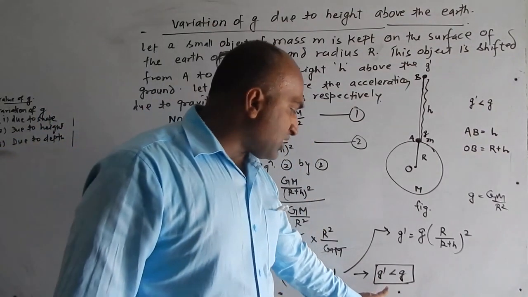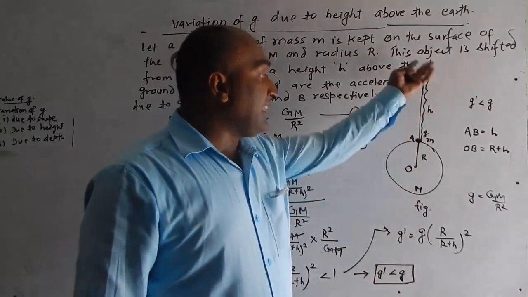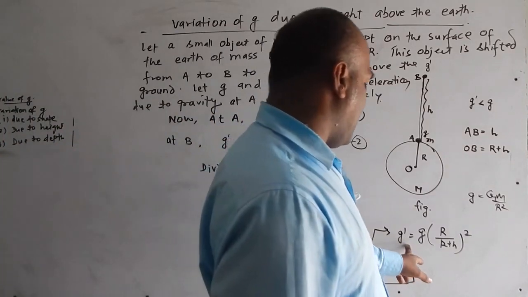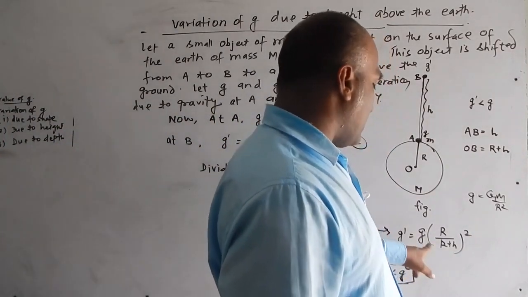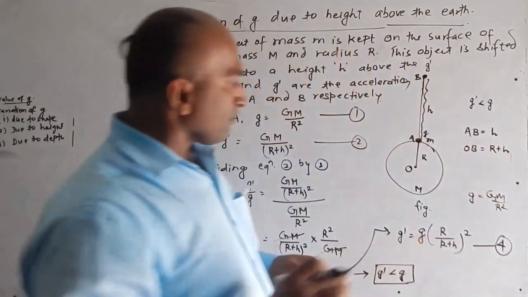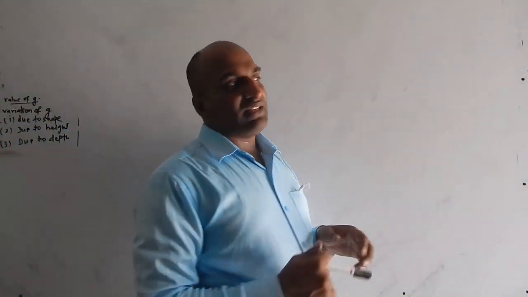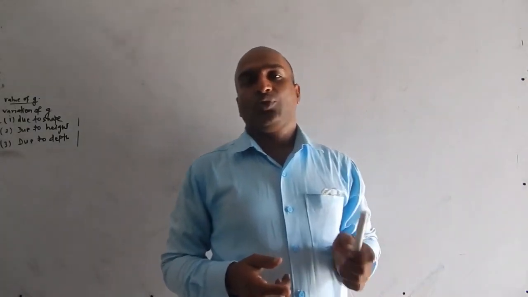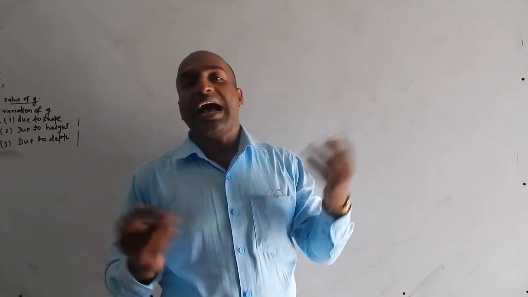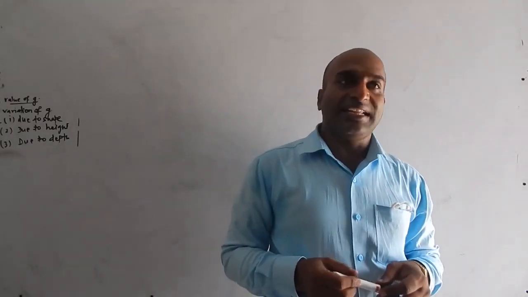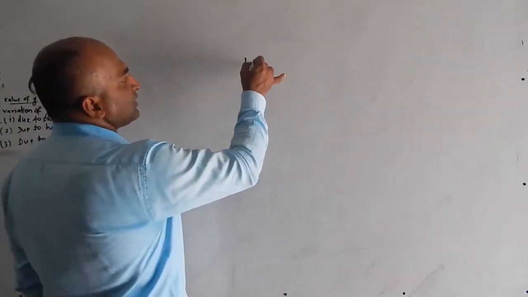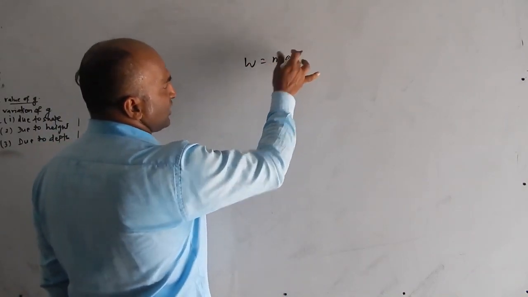This concludes that acceleration due to gravity decreases above the earth, and the value of acceleration due to gravity at height h above the earth is calculated by this formula, equation number 4. In the given calculation, we have studied that acceleration due to gravity decreases as the altitude increases. Weight of an object is equal to m into g.